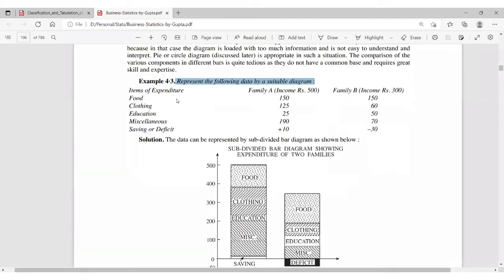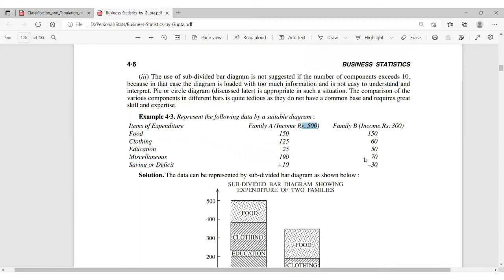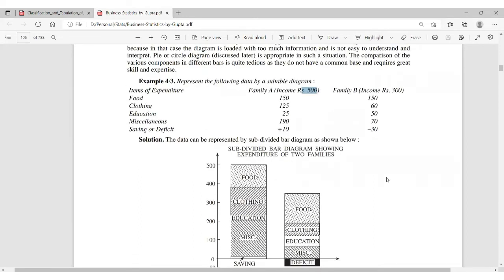See, given is a list of expenditures for family A and family B. Income is 500, income is 300. Obviously, with the help of 500, they spend this, and with 300, they spend this.